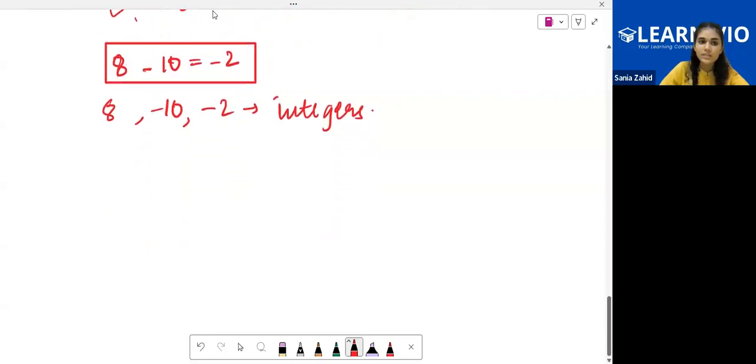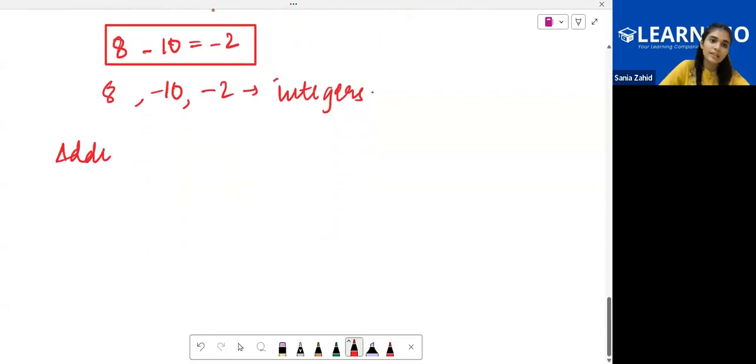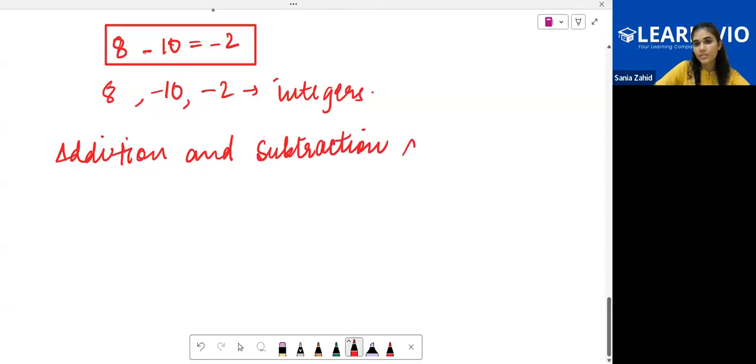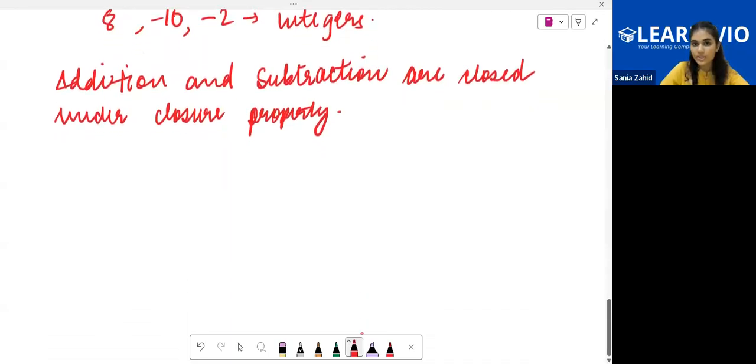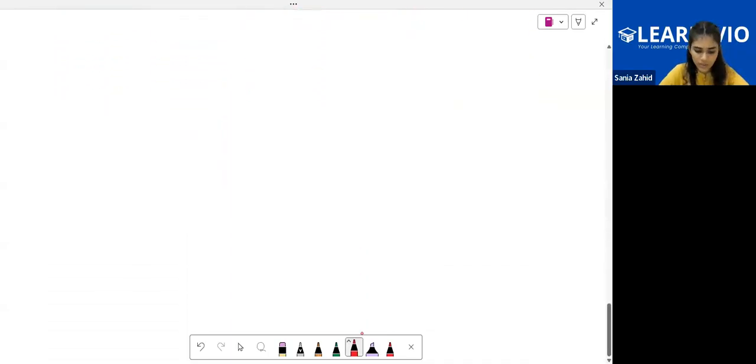So subtraction and addition are closed under closure property. Did you understand the closure property? Yes, ma'am. That means on adding or subtracting two integers, I will always get an integer only.